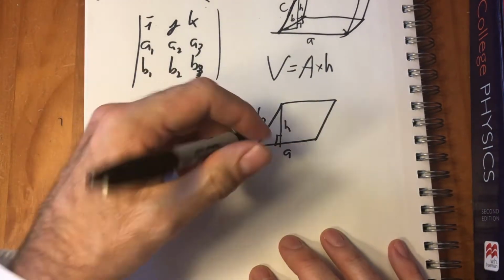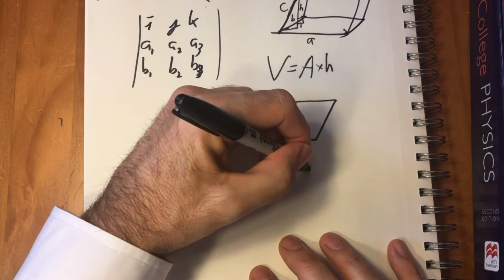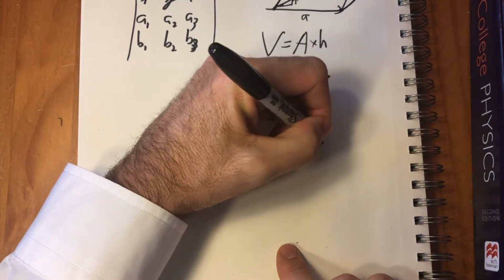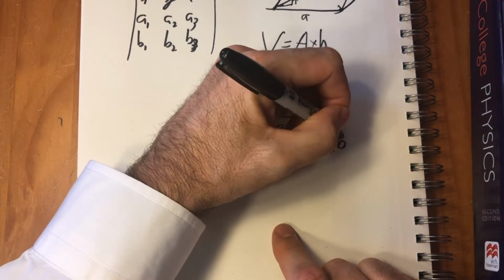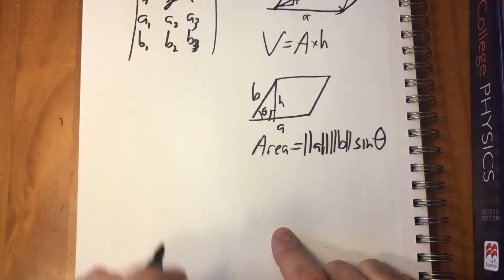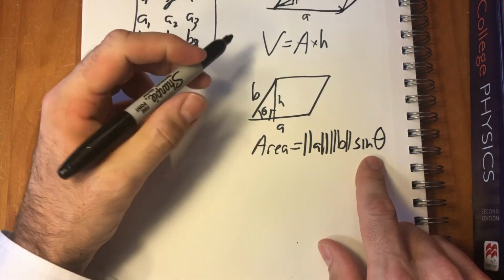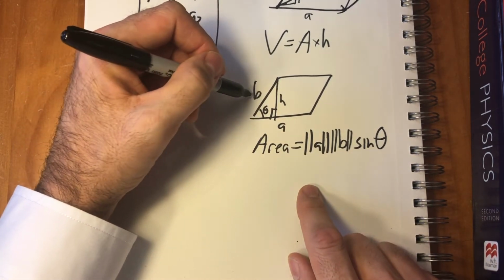So here, to find the area of this was the base times the height, that was the length of A times the length of B times the sine of this angle. And that was because the sine of this angle is the opposite over the hypotenuse.